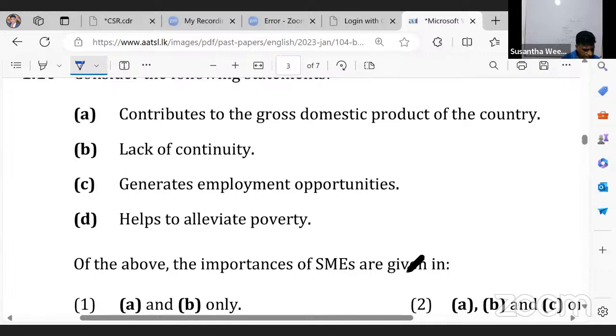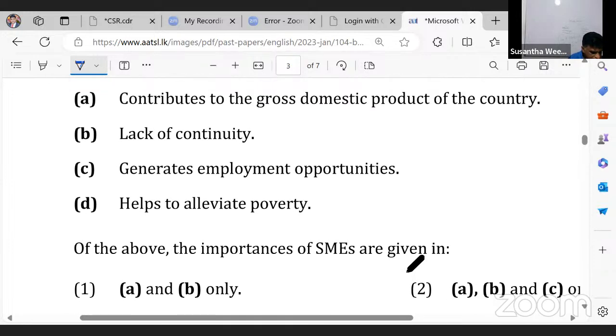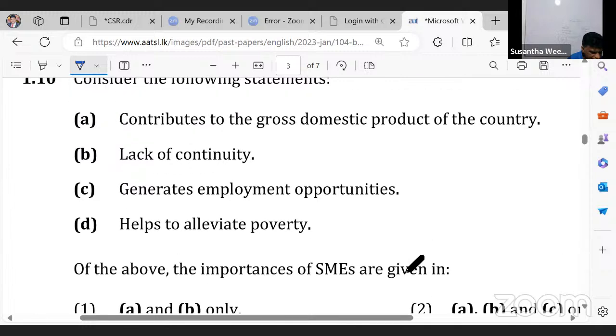Then contributes to the gross domestic product of the country. That is true. Lack of continuity, that is wrong, right? There is continuity in small and medium scale business. There is a formal business, even though there is SME. Generates employment opportunities. That is true, right?